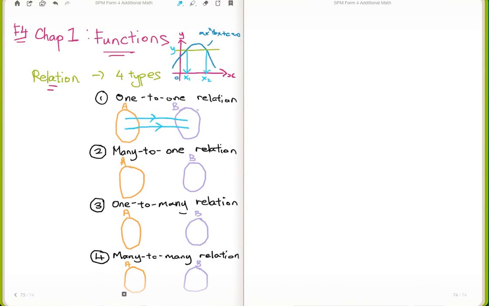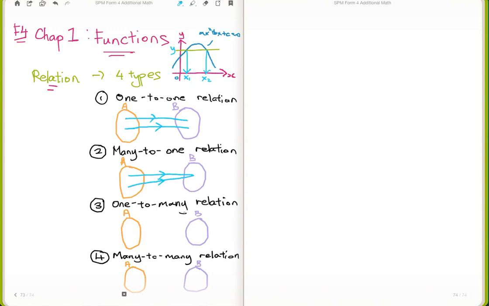One to one. Many to one, which is the quadratic equation. Many to one would be, say, one number to another one, and another number here mapped to the same number over the set y. You have two sets of numbers, set A and set B. They will be mapped to the same number. Many to one.